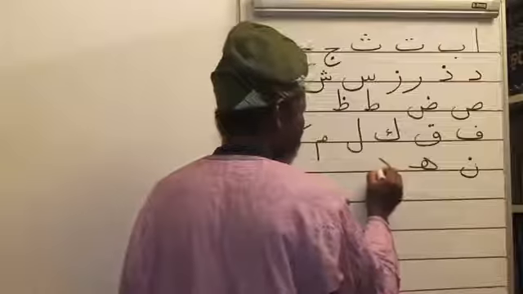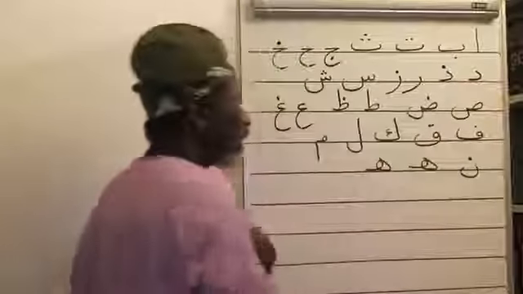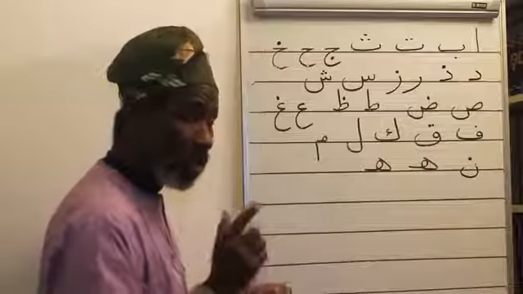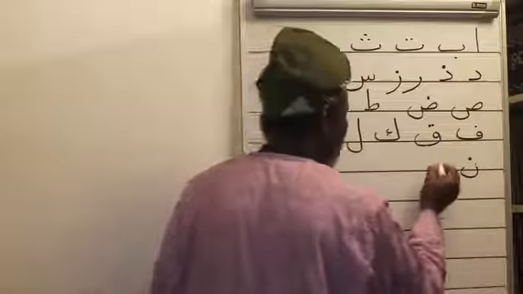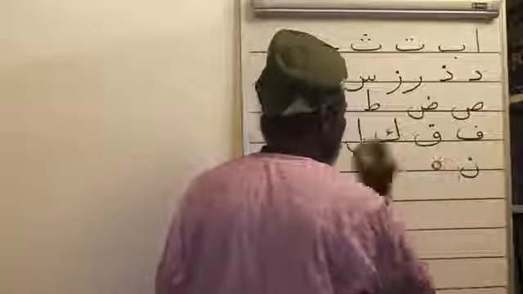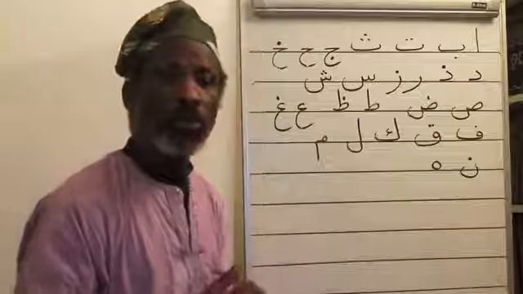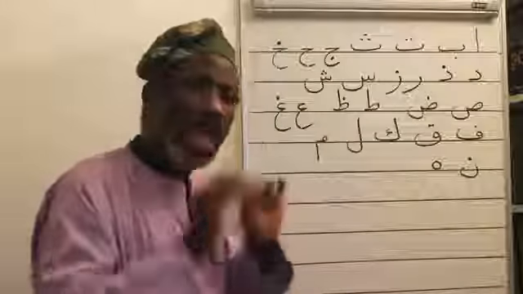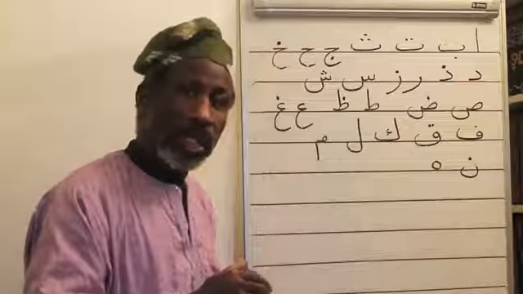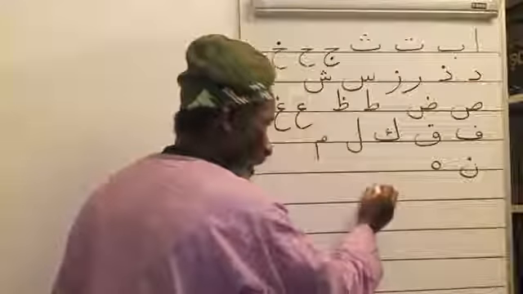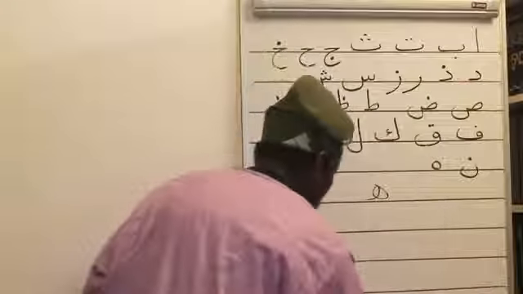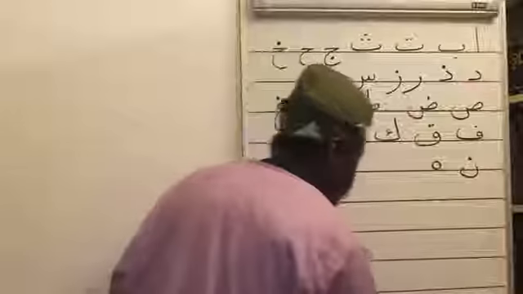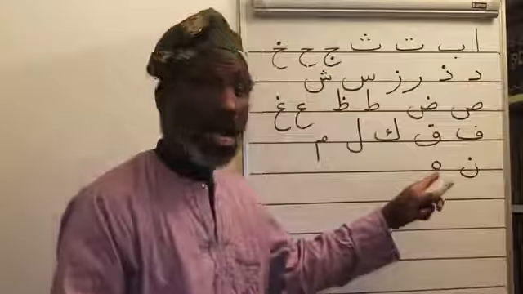In isolated form, you will see that later on, you write it this way: just round, like an O. No dots, nothing, just staying there pretty. Later on you will come across it like this, but I will explain it then. So let's write it like this. That's your Ha.